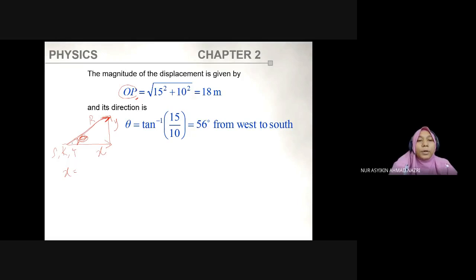Saya biasa guna kalau cos, kalau saya sebelah X. So dapatlah cos theta. Okay, salah. Cos theta is X over R. So that's why our magnitude X equal to R cos theta.